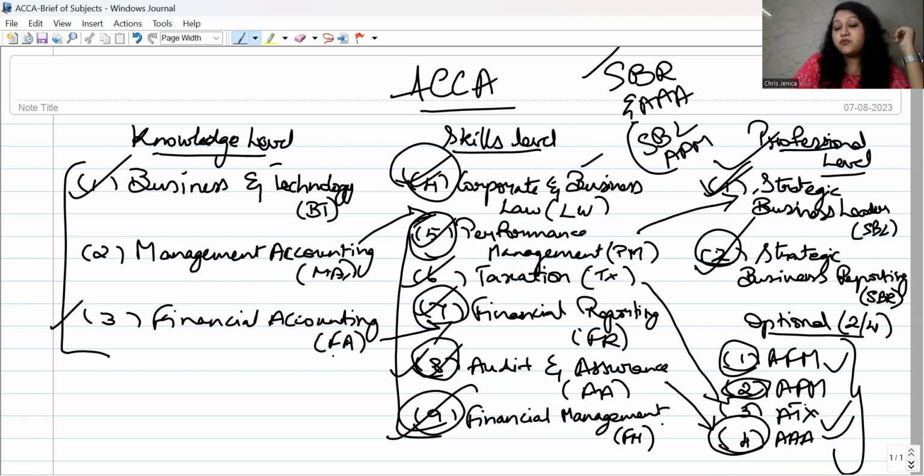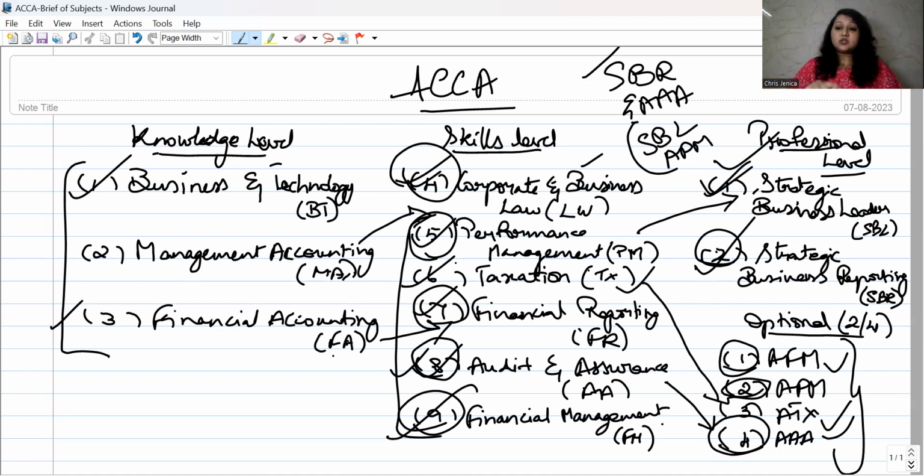Now, ATX is where you're going to choose your Advanced Taxation. If you have decided now itself, now you're in the way of preparing for all the skills level papers. If at all you think you're going to take ATX, better choose your tax paper as the last paper when you're going to appear for skills level. So that you will not have more changes because the Finance Act gets updated as of UK. Here, being an Indian student, you will be learning UK tax in your skills level as well as your professional level.